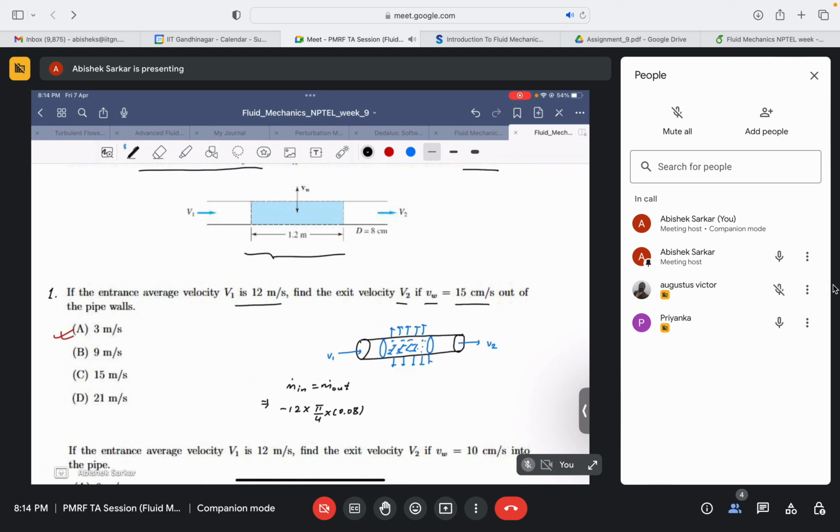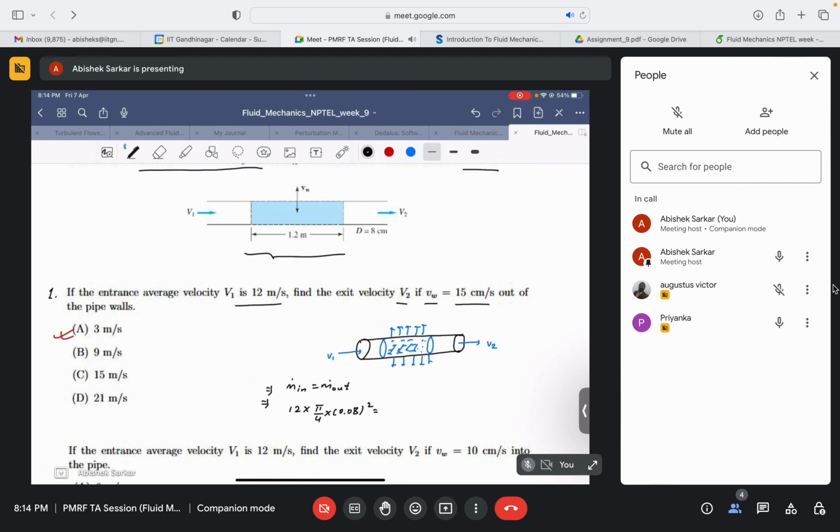Even after you have written it as m in equal to m out, are you sure about the minus sign here? In the equation, I wrote it as m out minus m in, which would be equal to 0, and that's why this sign will cancel out. It will be positive. Yes, sir. Very important to be careful about the sign conventions, right? Okay, would be equal to what?